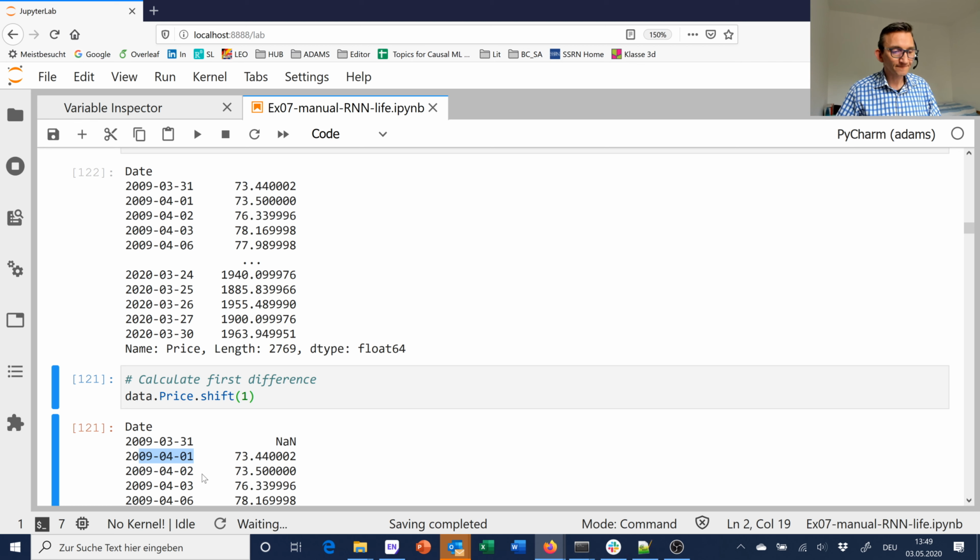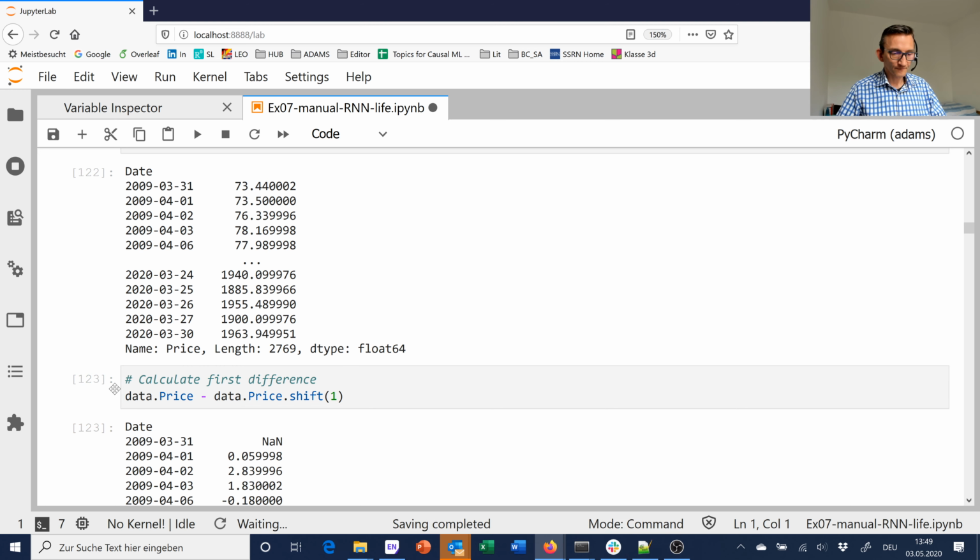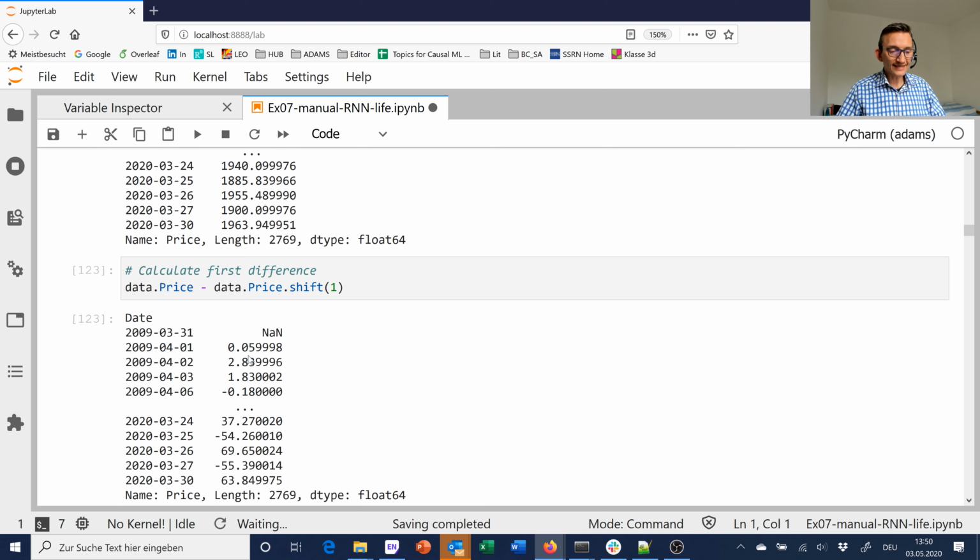And because of that, data.price minus data.price shifted by 1 should take care of the differencing. So here's our differenced series, all the differences between t and t minus 1. And since I cannot calculate t minus t minus 1 for the very first observation, because there is just no t minus 1, I get a None value here as my first entry.